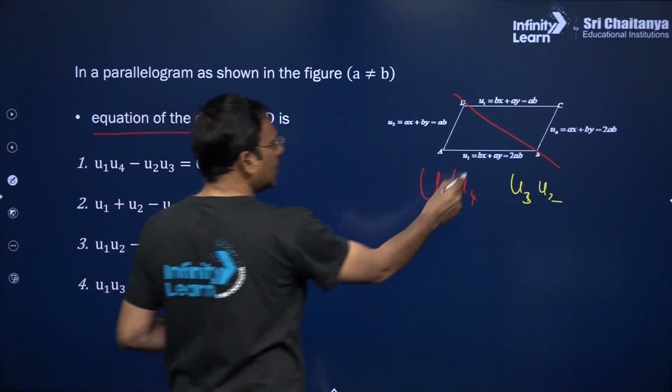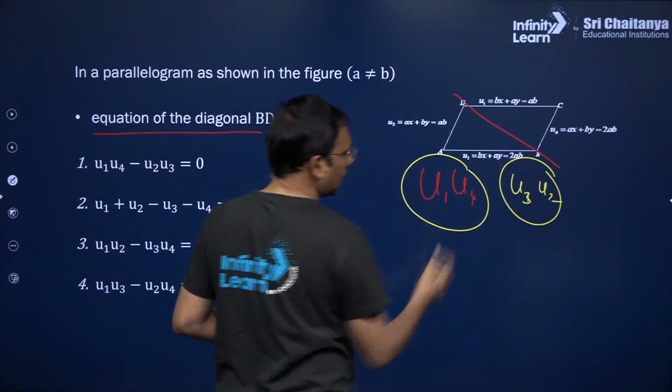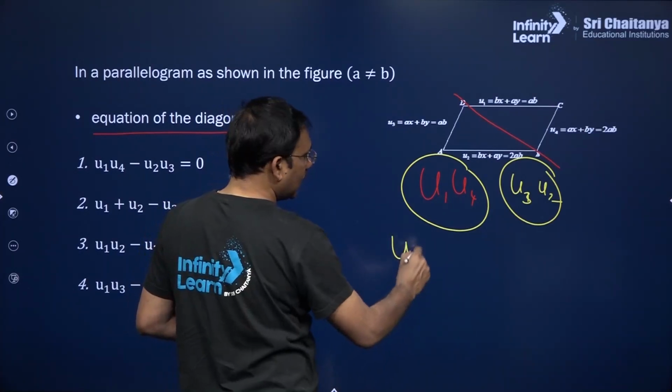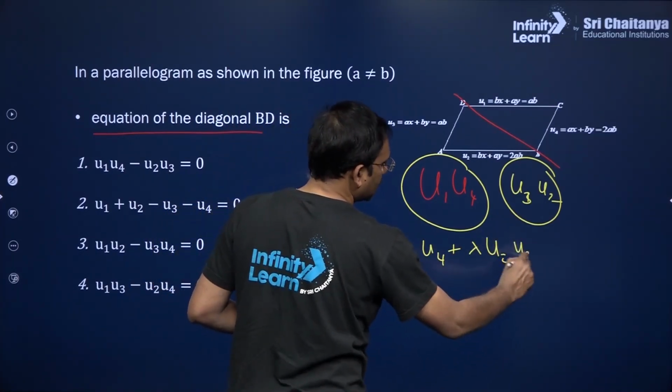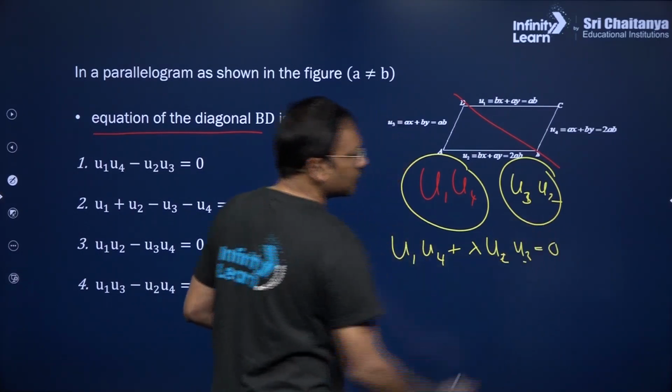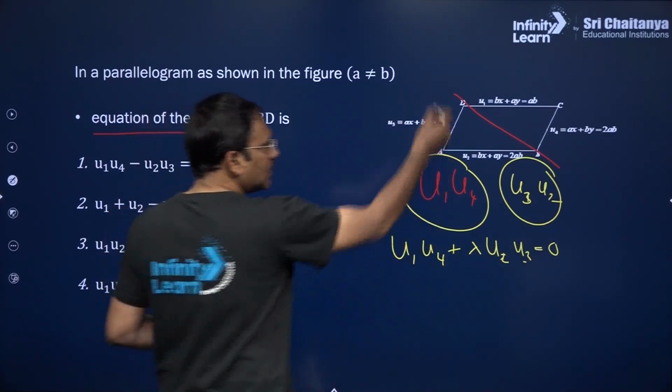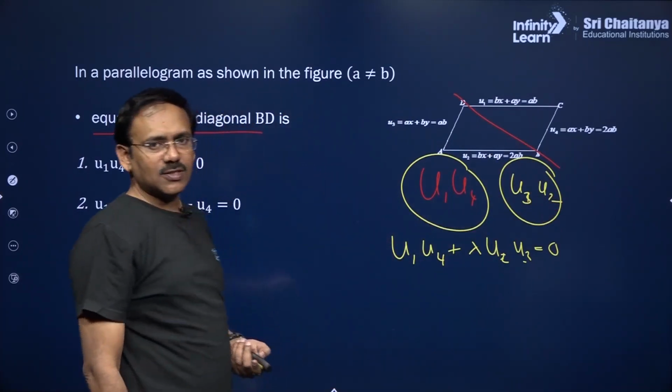So, this is one second degree curve, this is another second degree curve. So, let me consider any curve passing through the point of intersection of these two, my dear friends, is equal to 0. So, undoubtedly this line also passes through the point of intersection of these two.